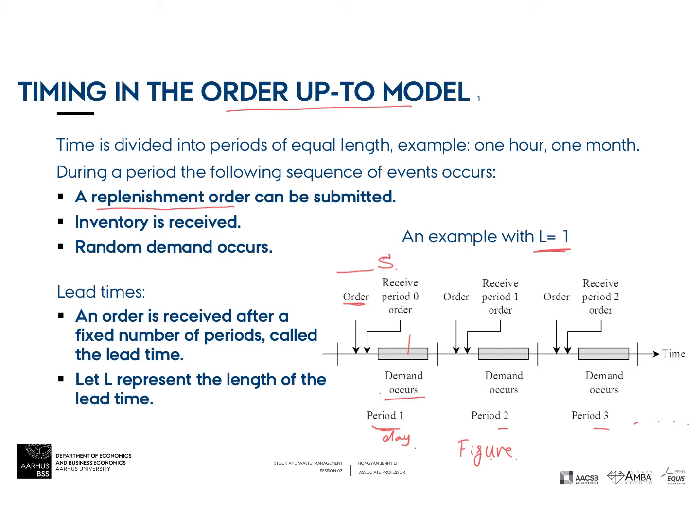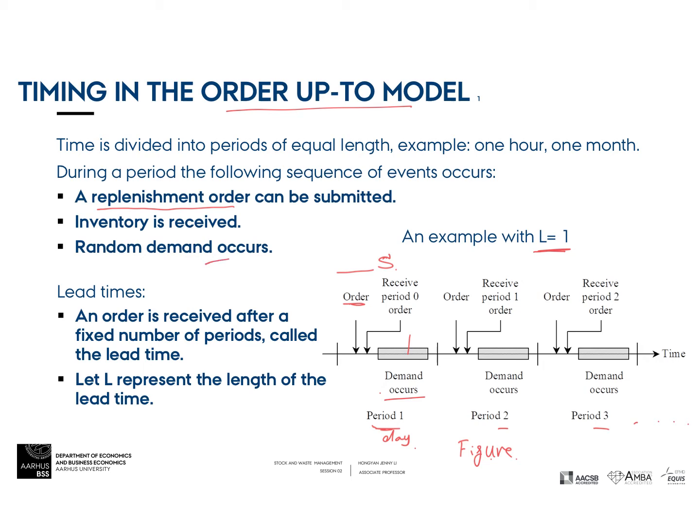A replenishment order can be submitted. For the territory, they submit the order to the DC, and the DC submits the order to the suppliers. Inventory is received in each period from the previous periods. And random demand occurs. Here the stochastic factor is the consumer demand.